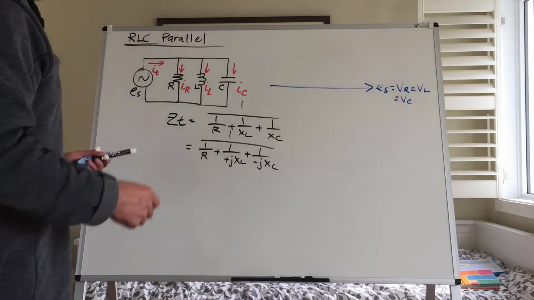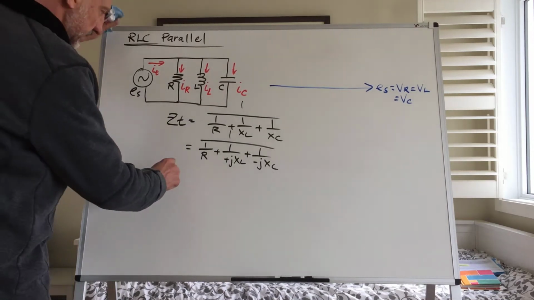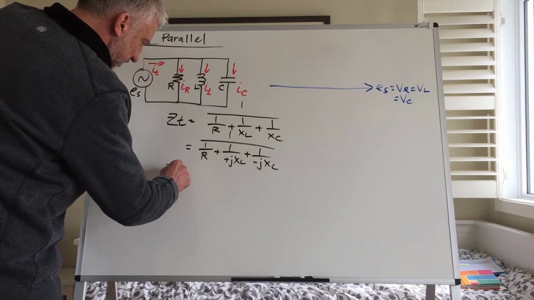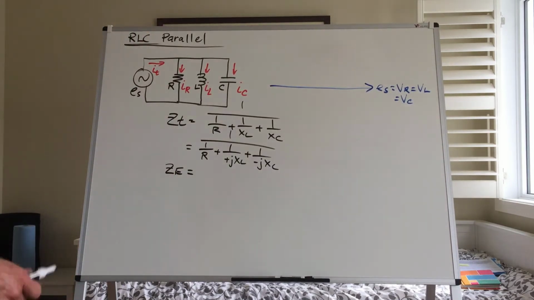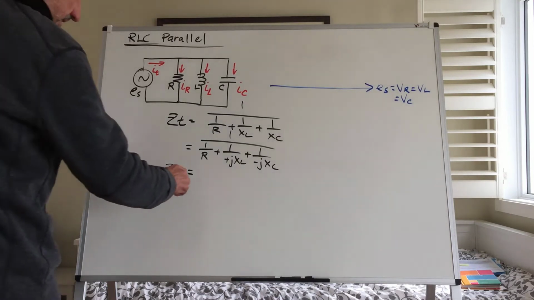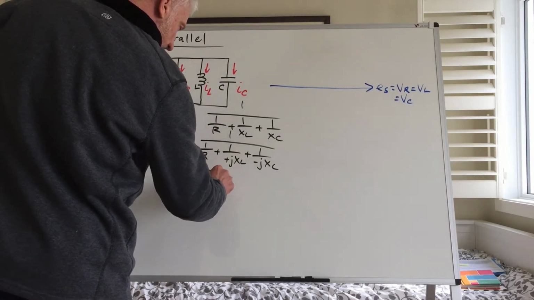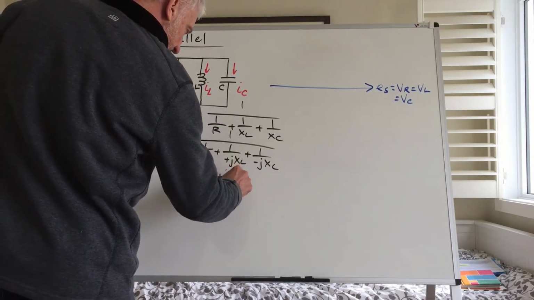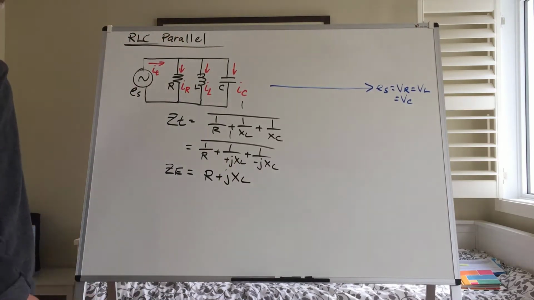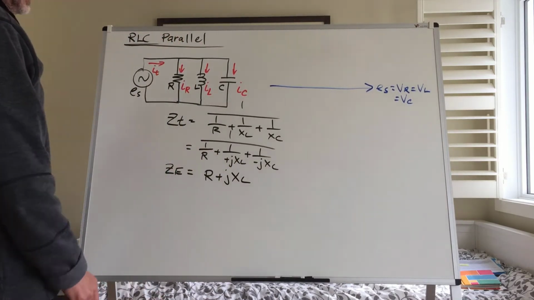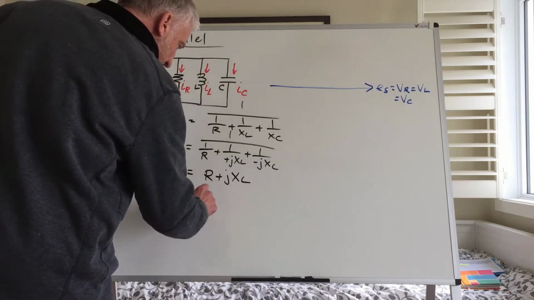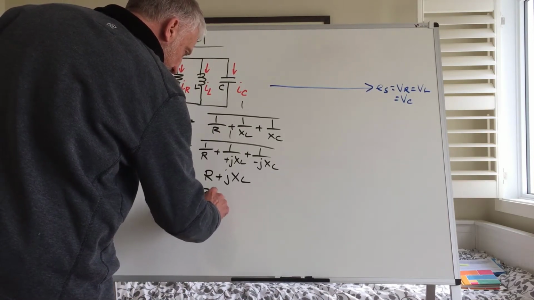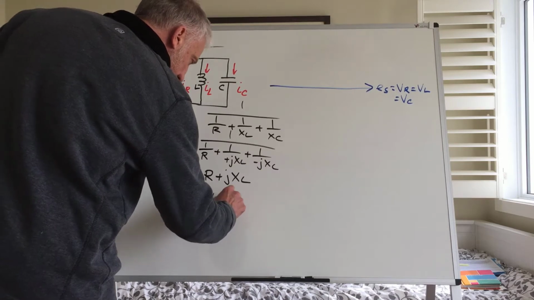Now, once we've come up with the result here, we'll have the equivalent impedance. That equivalent impedance can be expressed as a rectangular value of R plus jXL, provided it's primarily XL, or a polar value of Z total at an angle of phi.